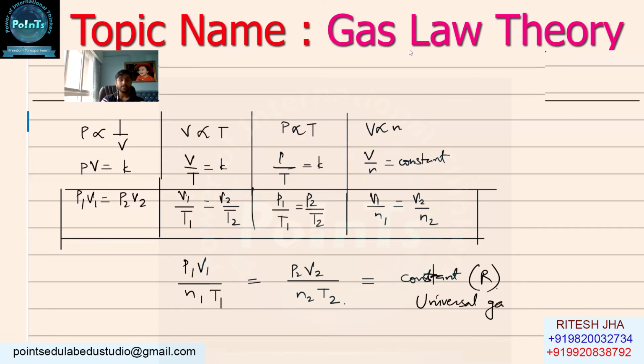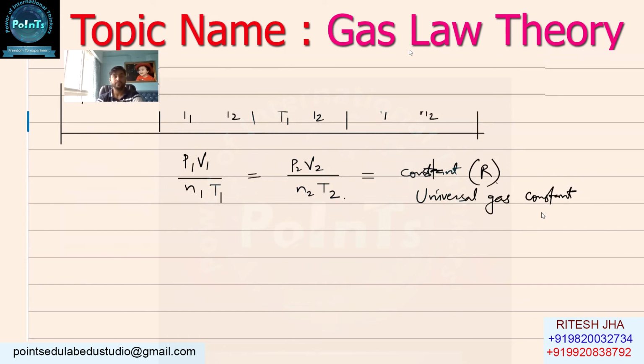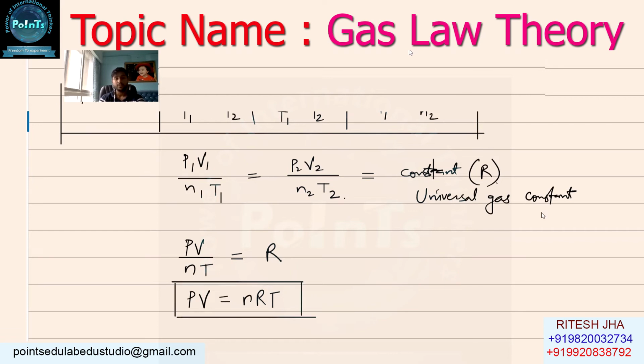So PV over nT is a constant, and that is equal to R. So we say PV equals nRT. This is the ideal gas equation.